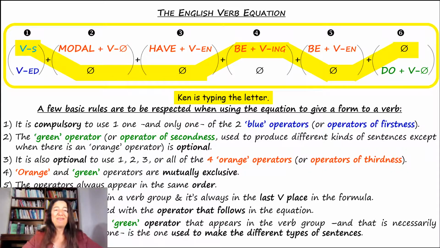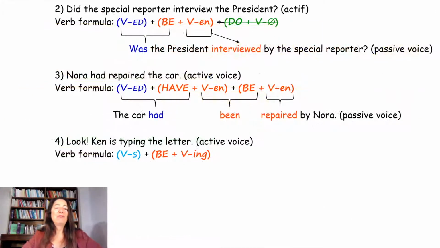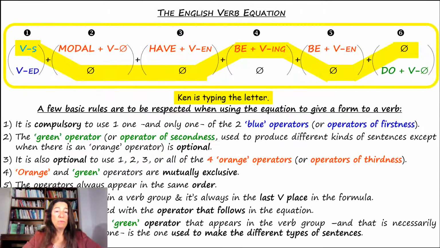Therefore, the formula for this sentence is VS plus be plus VING. So that's the formula for the active voice. And then we want to turn this sentence into a passive voice sentence.